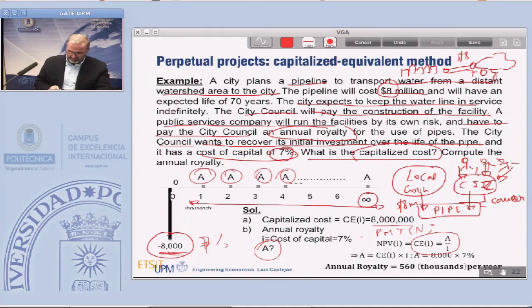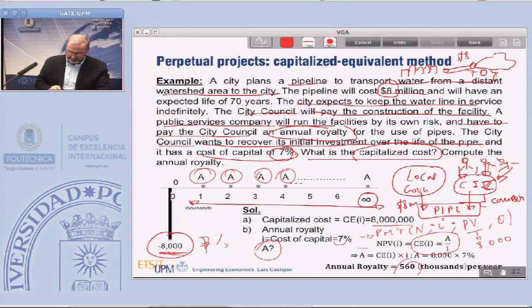Using the financial calculator: number of years, interest rate I, in this case 7%, present value is the investment of 8 million, and future value is 0. If you calculate that, it will be approximately 560.